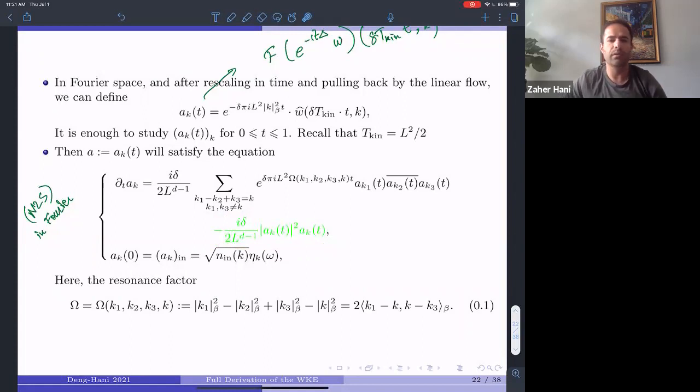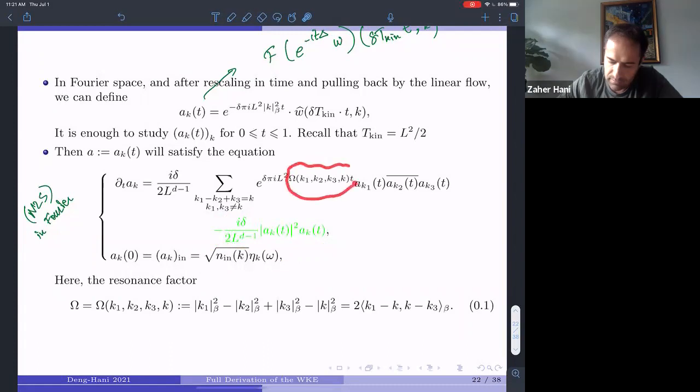So this is a lower order term that I will neglect for the sake of this presentation. And the initial data is the well-prepared initial data that we talked about. Okay, so omega is the resonance factor. It is given by k1 squared minus k2 squared plus k3 squared minus k squared, which can be written as (k1 minus k) dot (k minus k3).